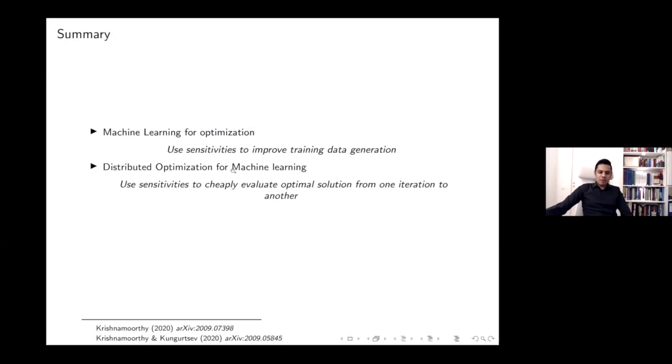And in the other paradigm, which is distributed learning to train machine learning models, we can again use the sensitivity to improve the CPU time when using iterative methods like ADMM, where we can then use the parametric sensitivity to cheaply approximate the solution of the subproblems at each iteration.